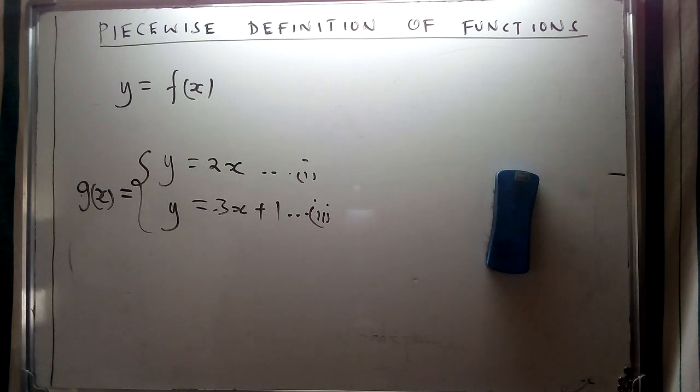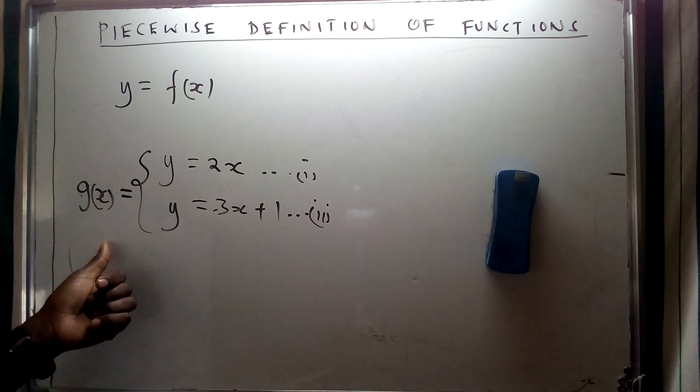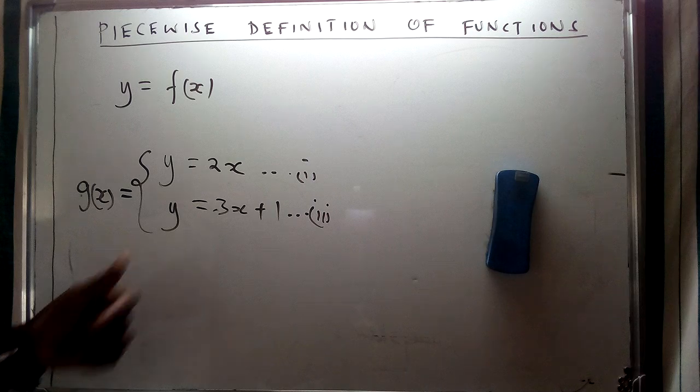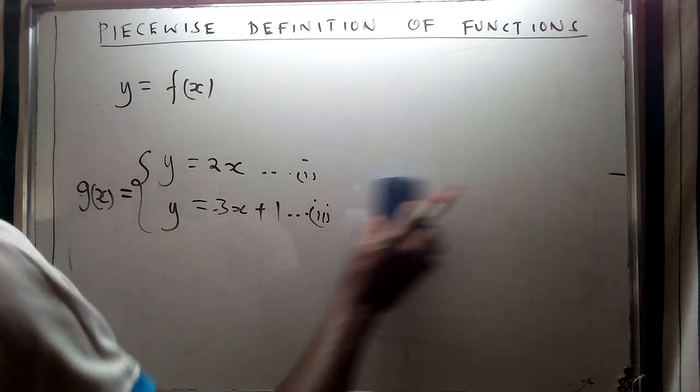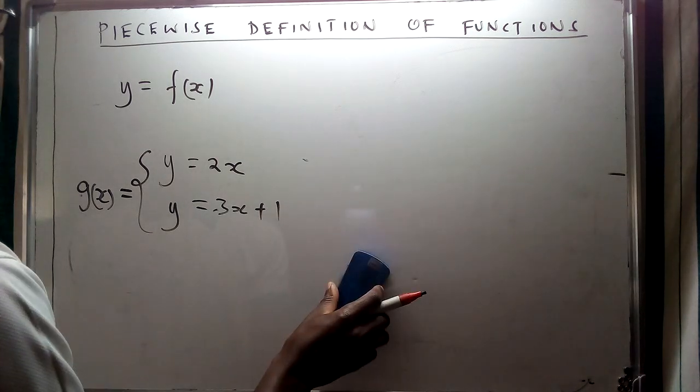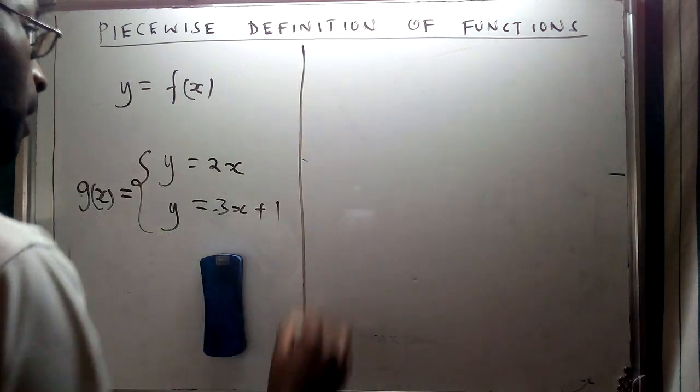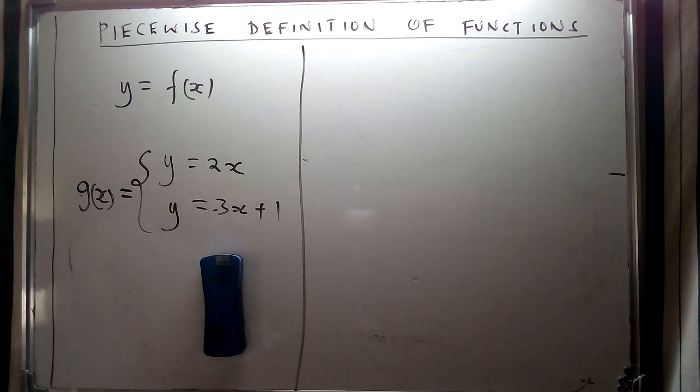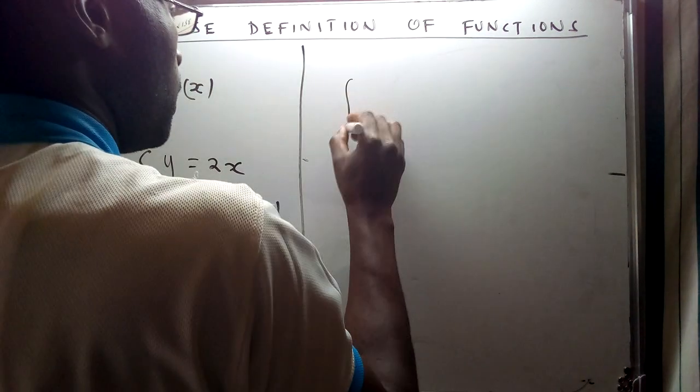So a piecewise defined function is a function that is defined by 2 or more equations over a specified domain. My example on the board is a type of piecewise definition of a function, but it lacks the specific range for the domain. So I can give a more elaborate example.